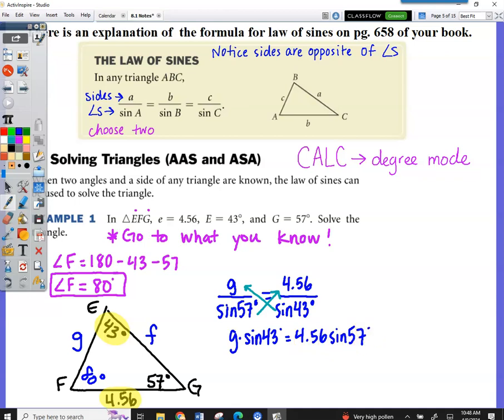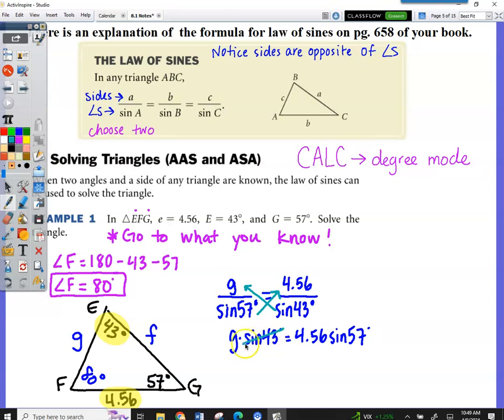I need G by itself. What's in the way? Sine 43. So I'm going to move that to the right by what? Division. Now I know some of you might already see it. You might be like, why did you do that? I'm going to show you. Hold on.